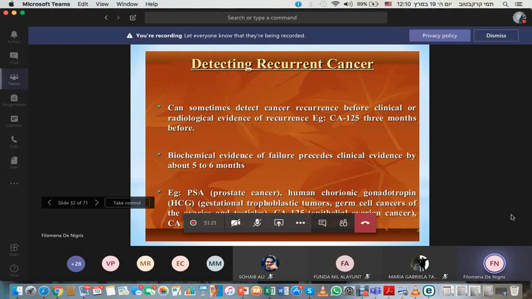CA 15 is a good indication for recurrence of breast cancer. So these blood markers can help to make the right diagnosis and follow dynamically the patient and treatment, and follow up the patient.